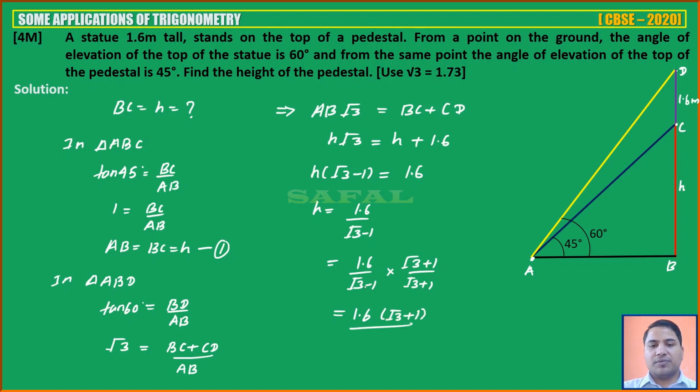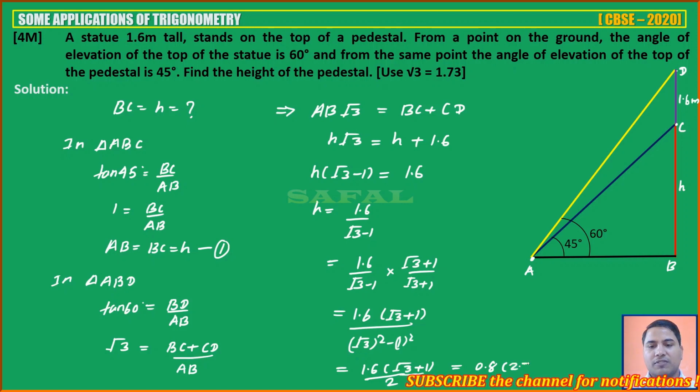In the denominator, a square minus b square, so that's root 3 square minus 1 square. Effectively it becomes 1.6 times root 3 plus 1 by 2. Correct? So this I can write as 0.8 into, root 3 is 1.73 and 1.73 plus 1 is 2.73.